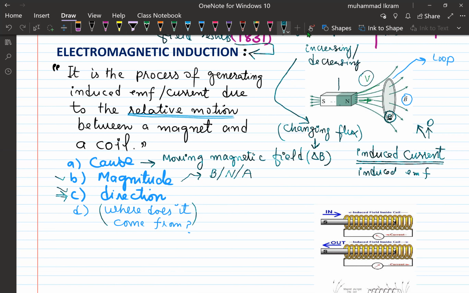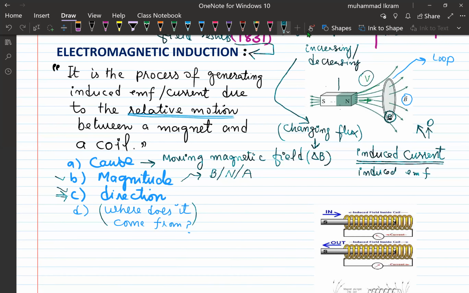So here the changing magnetic field transfers that mechanical energy into what? Into the electrons, and the electrons acquire kinetic energy in one direction and will become the cause of what? The cause of the current. So you see that mechanical energy or kinetic energy is converted into electrical energy.